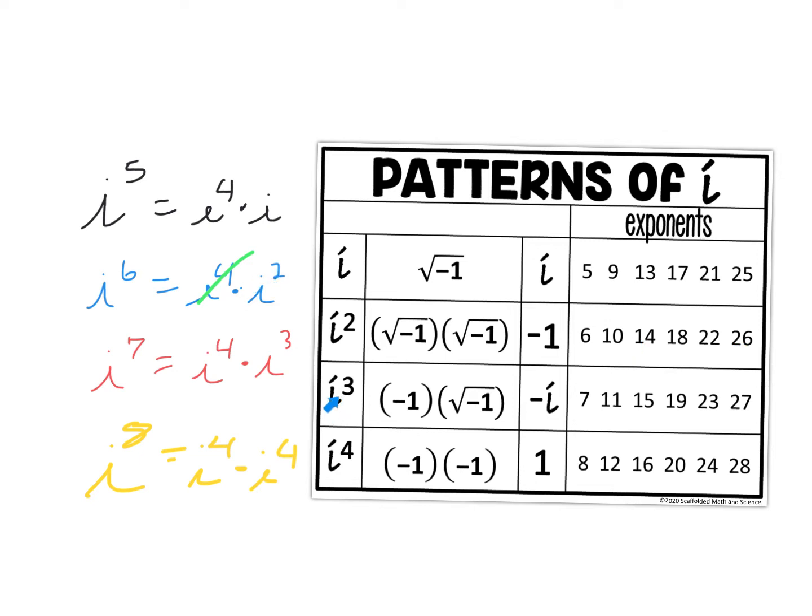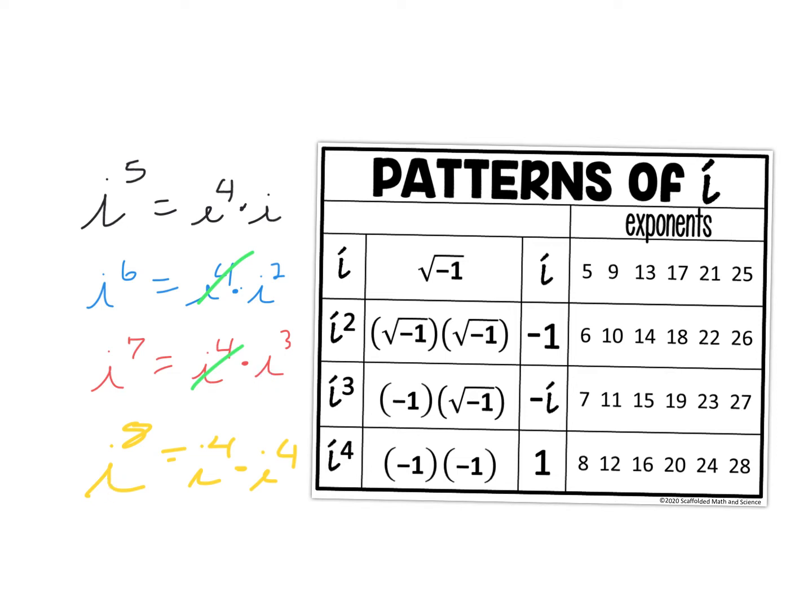And then, of course, here's i to the third. If you had i to the 7th, that's made up of i to the 4th times i to the third. So when the multiple of 4 cancels, you're just left with 1 times i to the third. Well, i to the third is negative i. So all of these exponents would give you an answer of negative i.